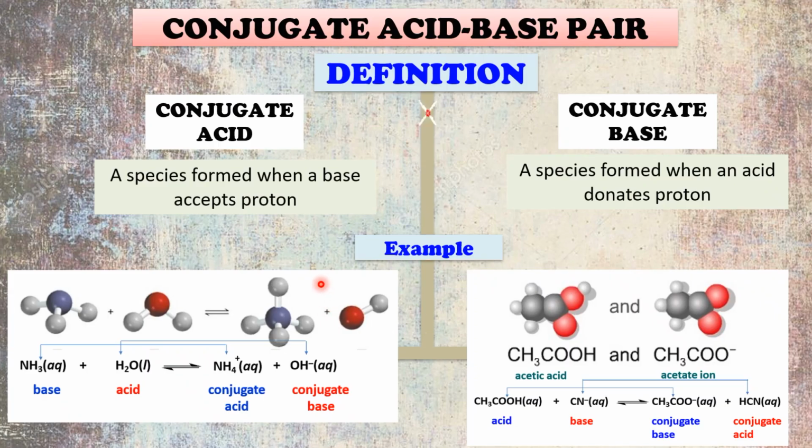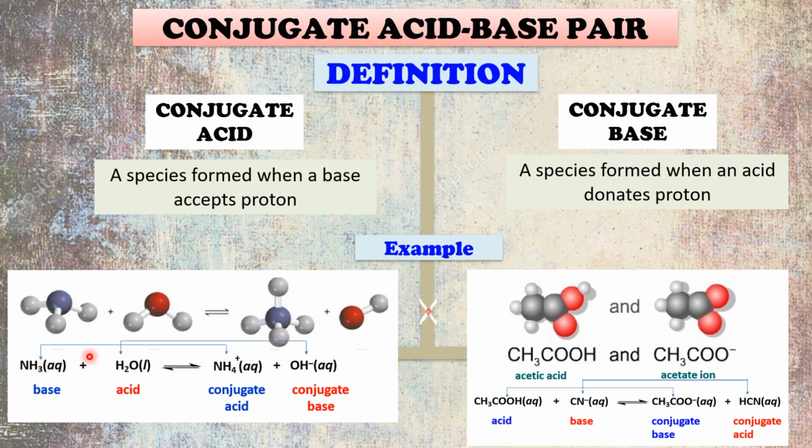Now we move to the conjugate acid-base pair. Let's take a look at the definition. A conjugate acid is a species formed when a base accepts a proton, whereas a conjugate base is a species formed when an acid donates a proton. Take the example: NH3 is paired with NH4 plus.